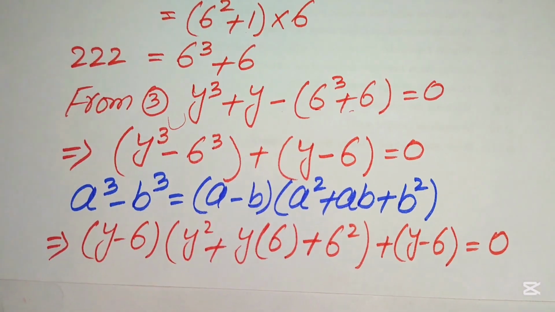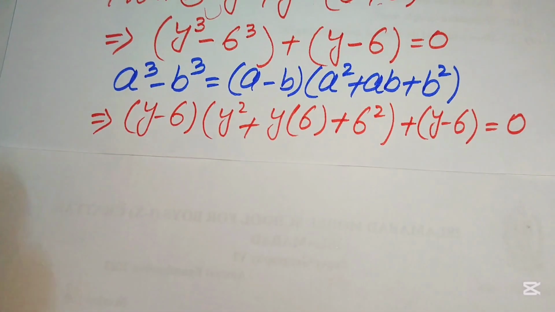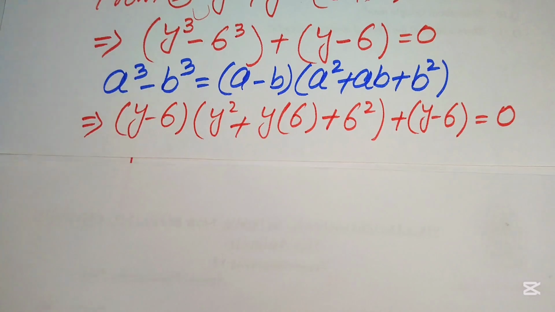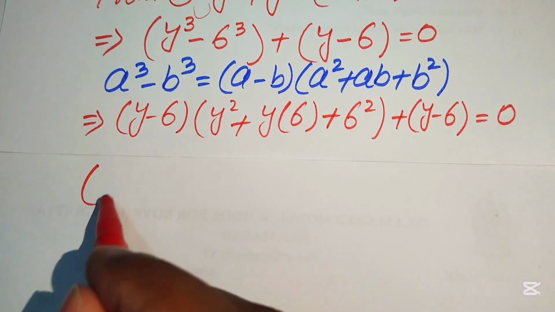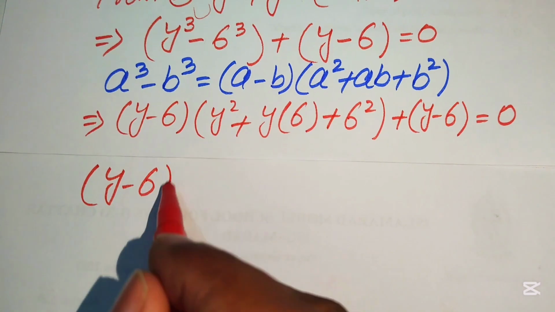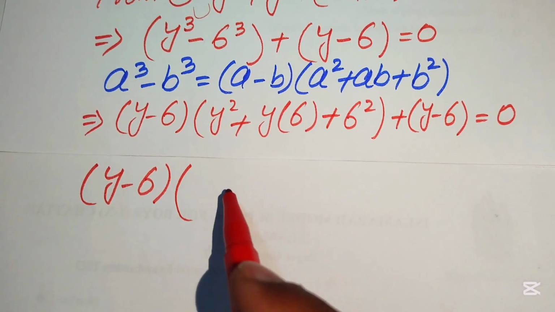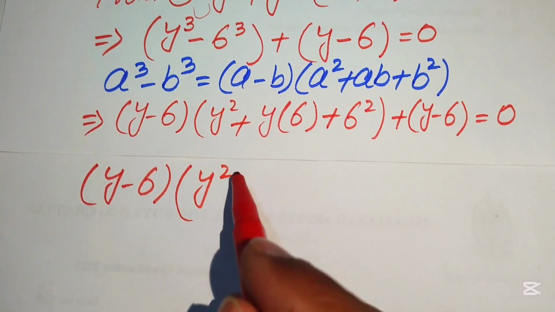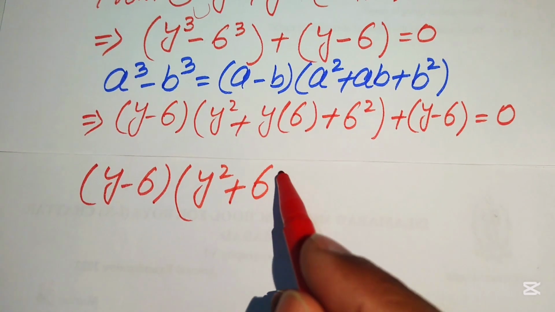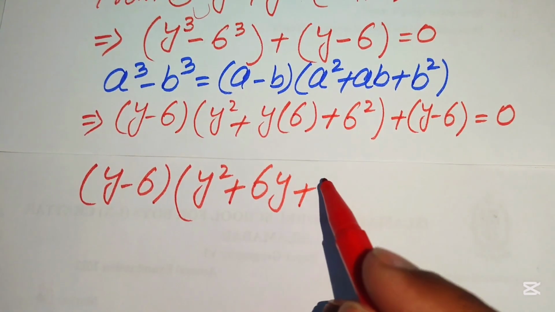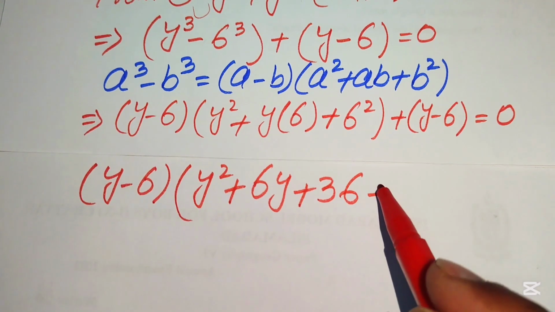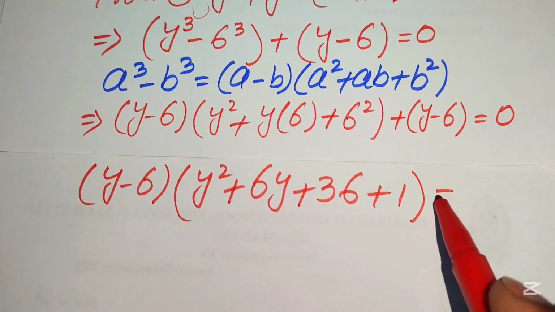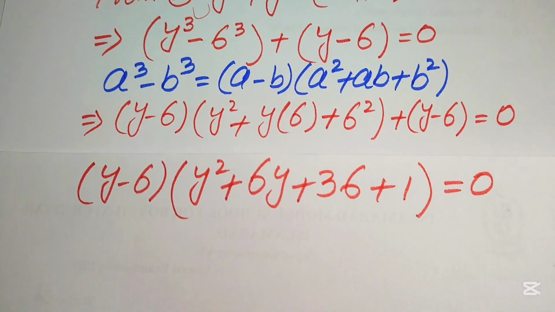and this whole equation equals to 0. So after that, here you focus on both of these terms, and you see that we have y minus 6 as the common term, so we need to take common y minus 6, and the remaining terms are y square plus 6y plus this 6 square equals to 36, and when you take common y minus 6, then you get 1, and this whole equation equals to 0.